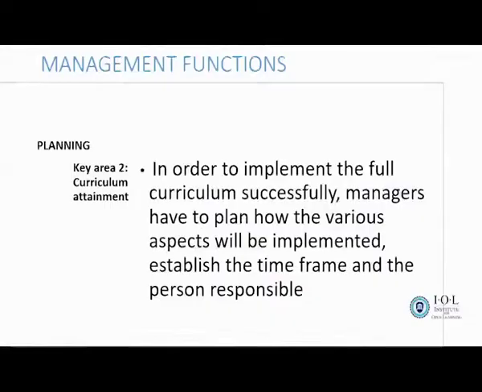For example, in everyday school setup, we talk of the school timetable. So a school timetable is a very important tool, because if you don't plan to have it, then you fail to execute who is going to teach which subject at which period. That's why we say time frame is very important in order for you to implement your curriculum effectively.